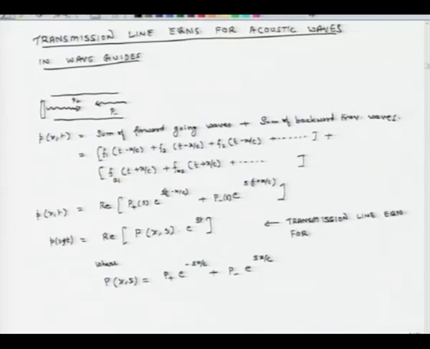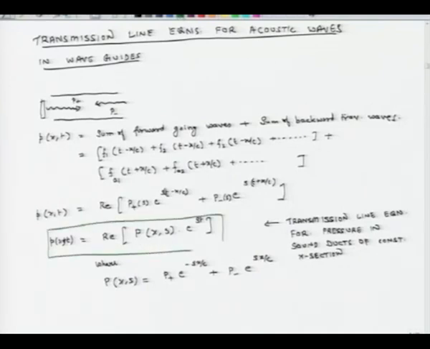This is the transmission line equation for pressure in sound ducts of constant cross section. Okay. So, this is the transmission line equation for sound traveling in sound ducts, and these sound ducts have constant cross section as I move in x.